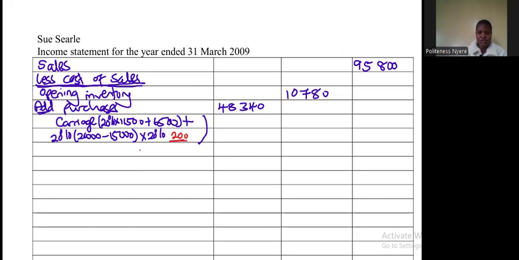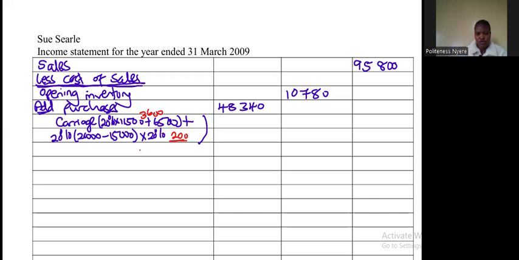Then we want the 20% of 11.5. So if we say 11,500 plus 6,500, we are going to get 18,000. So we want 20% of 18,000, which is 3,600. So this part will give you 3,600.